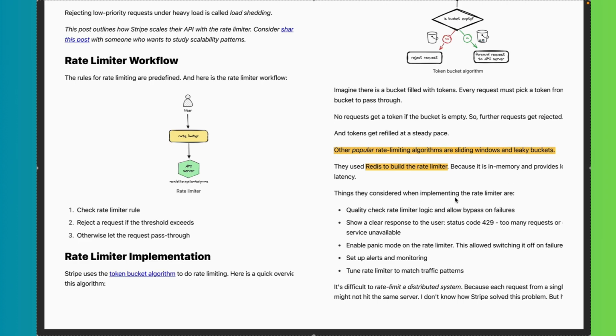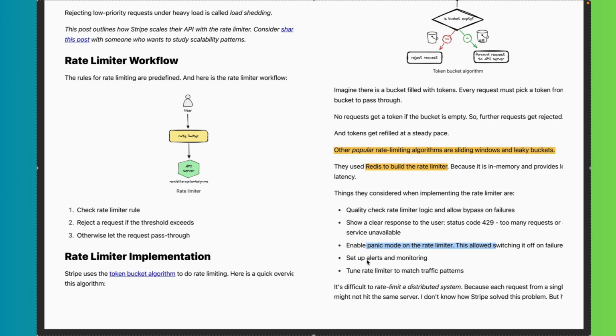Now, what are the considerations while implementing a rate limiter? Clear responses: if you want to reject a request, one of the reasons would be 429 Too Many Requests, or 503 Service Unavailable. Similarly, there are panic modes, where you switch off the rate limiter on failure.